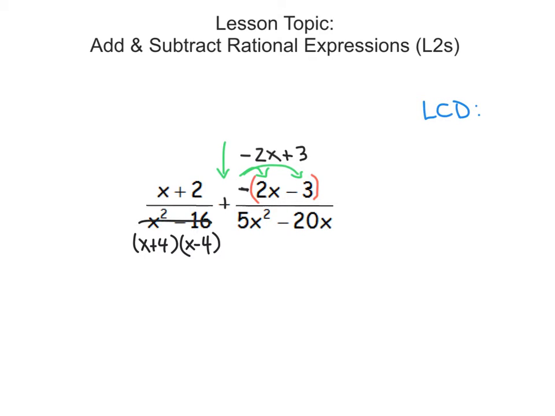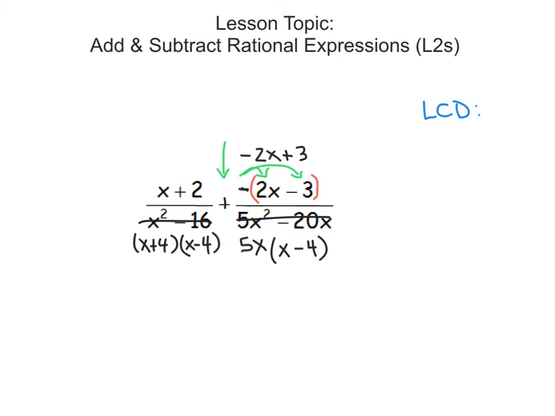Now my second fraction, we will factor first by taking out a GCF, and the GCF is 5x, and what we're left with is x minus 4. So 5x squared, I took out a 5x, I'm left with an x, and the 20x, I took out 5x, and I'm left with 4, and still subtraction there.